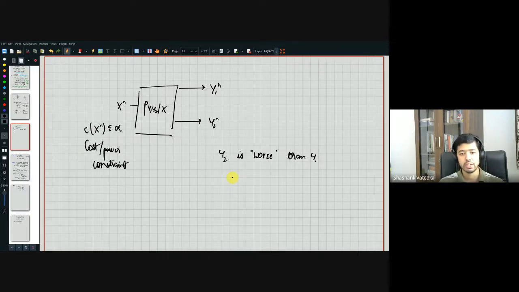We've seen degraded channels, less noisy channels, more capable channels and so on. But these are characteristics of the channel and have nothing to do with the cost or the power constraint. Okay. Any other questions?